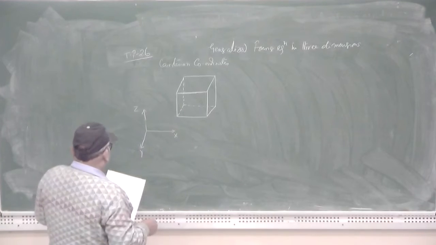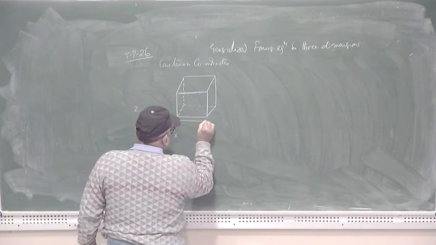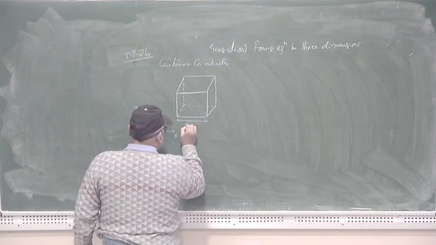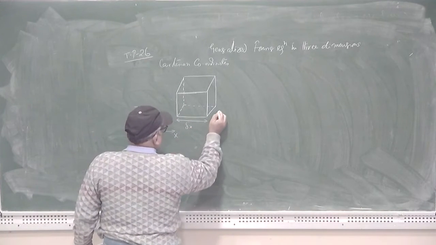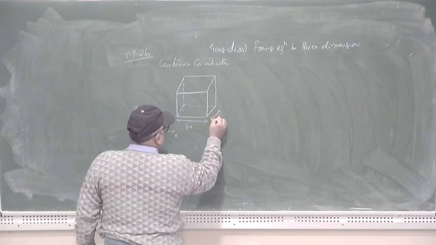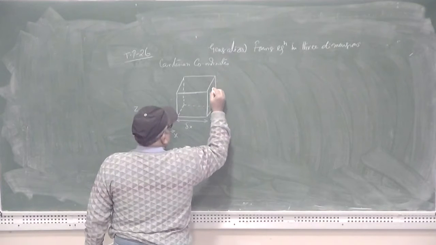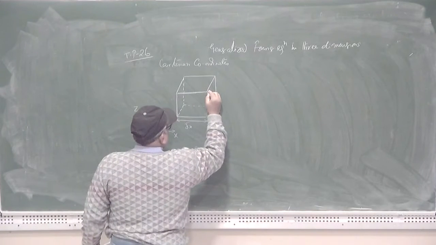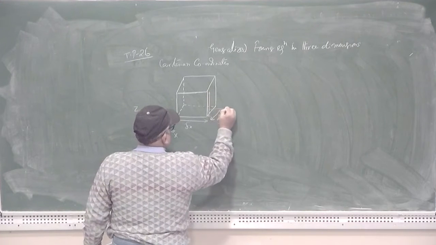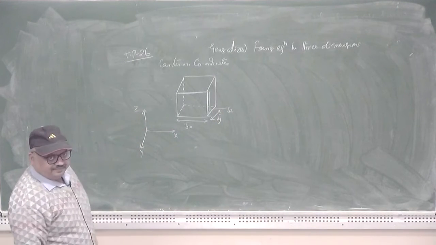The dimensions along these three Cartesian coordinate axes: let this be the dimension of the volume element along the x direction, delta x, along the y direction let it be delta y, and along this z direction let it be delta z. This is z.